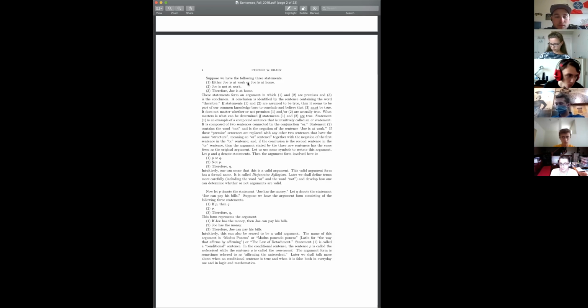Okay, so what we try to do is take the first sentence here, because this is called a compound sentence, because it's got 2 parts. We take Joe is at work. The either-or is really the same word. I didn't have to say either at all, but I said it just because we say it in English sometimes. But Joe is at work, if we call that sentence P, and Joe is at home, sentence Q, and we leave the R alone, then we can say P or Q. As long as we know what P is and what Q is, we can say that and people would understand it.